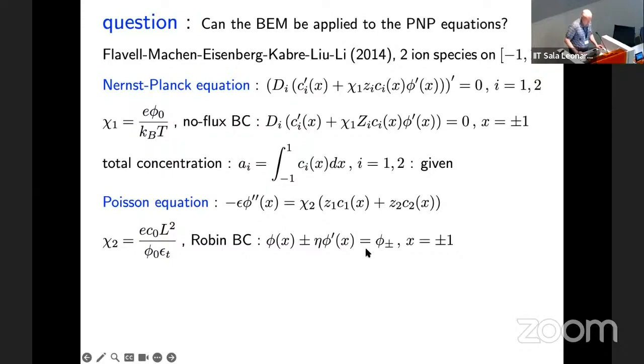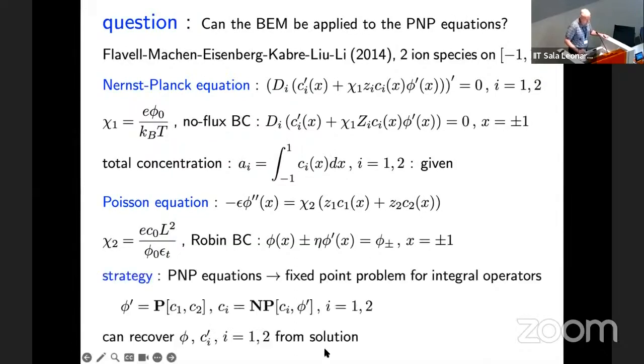These are PDEs, and people have solved them as PDEs, but we want to see if we can use integral equations. The strategy is to take the PNP equations and convert them into a fixed point problem for integral operators. There are two integral operators. Bold P takes the concentrations and produces a potential gradient.